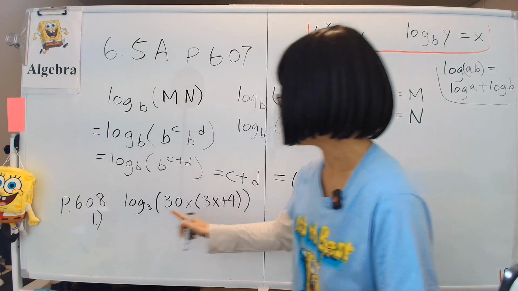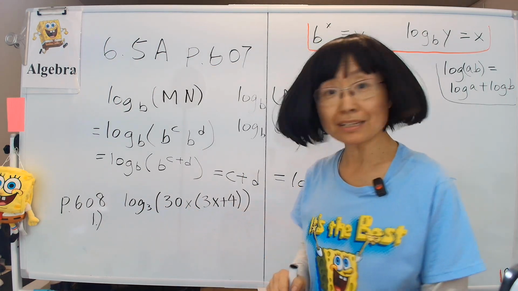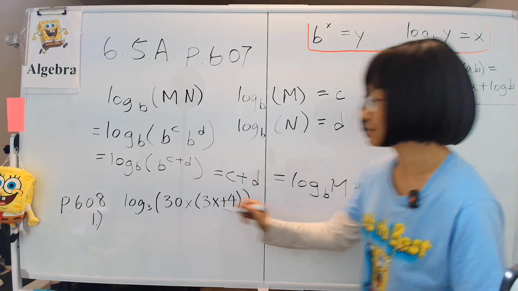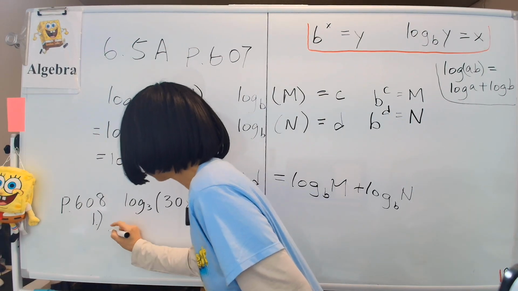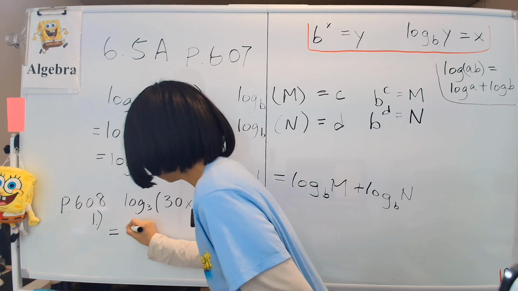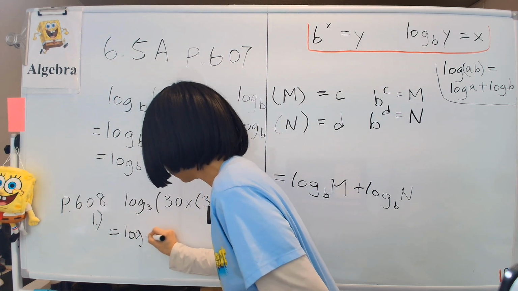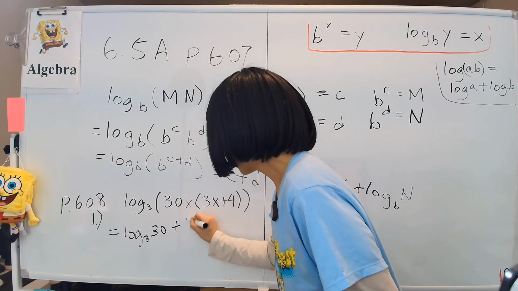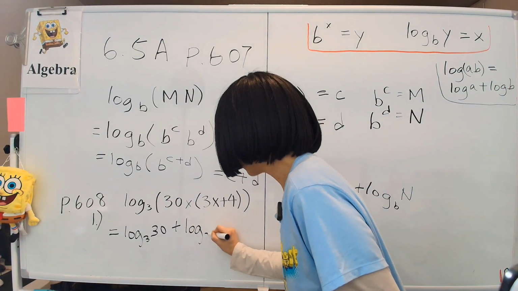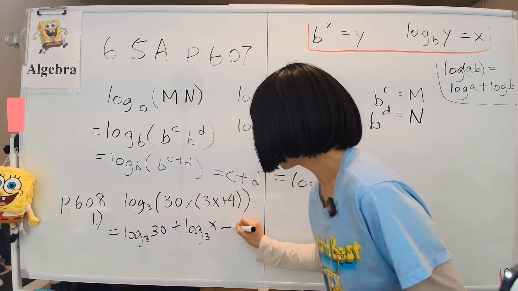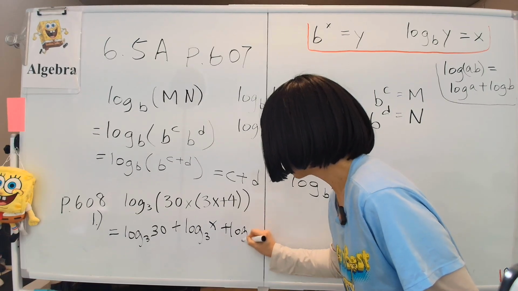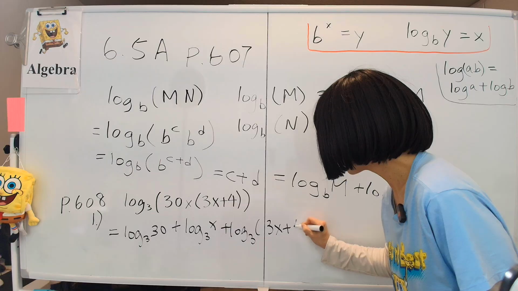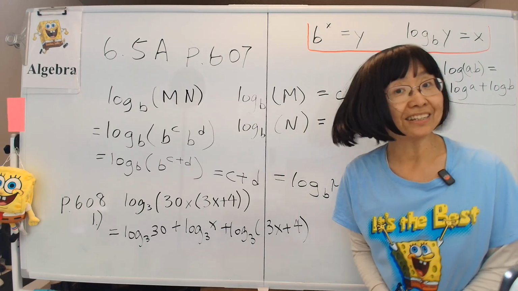We have various things being multiplied together, and we'll do it exactly like it says here. So this will be equal to log base 3 of 30, plus log base 3 of x, plus log base 3 of 3x plus 4. Now that seems easy enough, right?